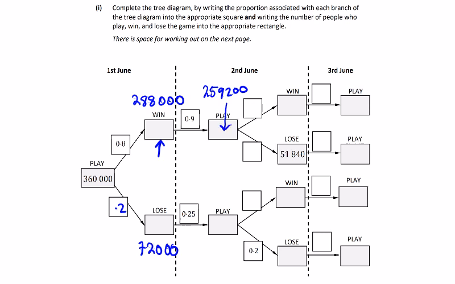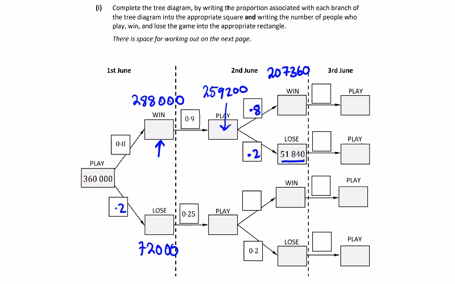And of those that play the game, 80% will win, 20% will lose, and 80% of 259,200 is 207,360. And 20% is given to us. Just double check that 20% of 259,200 is in fact 51,840 on a calculator.